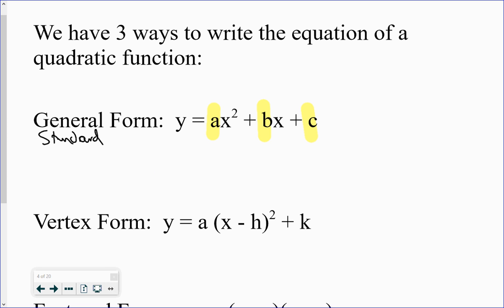Notice you've got x squared and x, and again, you have to have that x squared there in order to have a quadratic. So typically whenever we have anything in general form, we just punch everything in on our calculator and we use our second calc buttons to find anything that we're looking for.